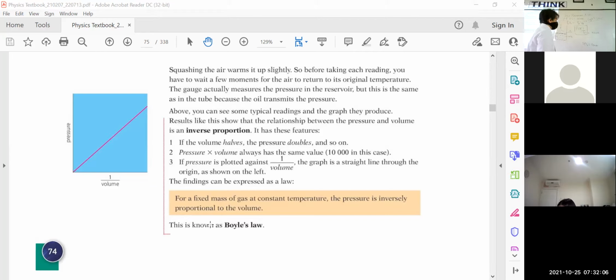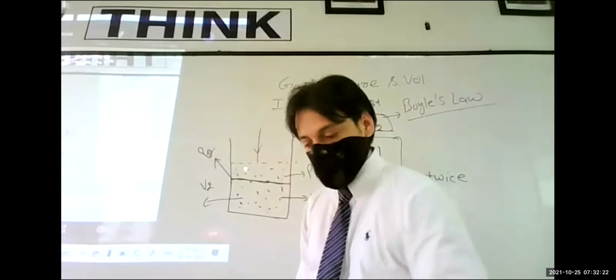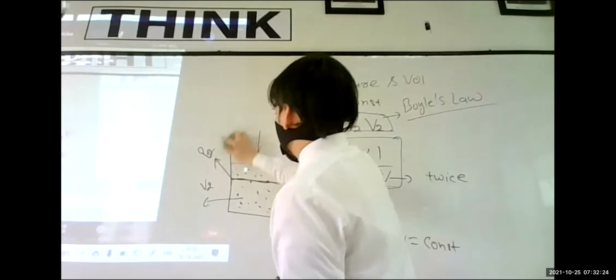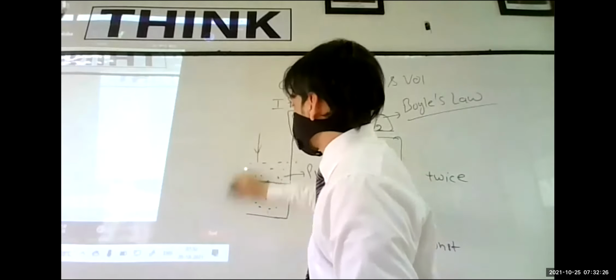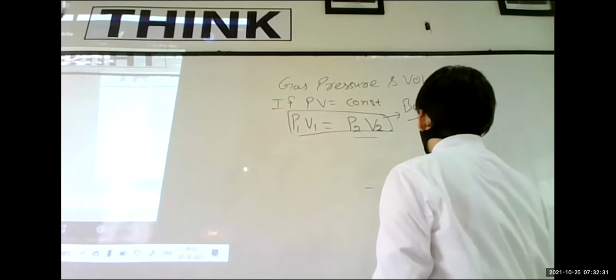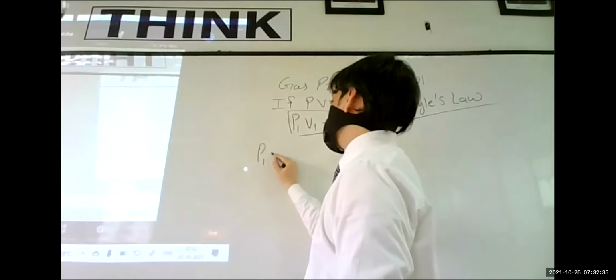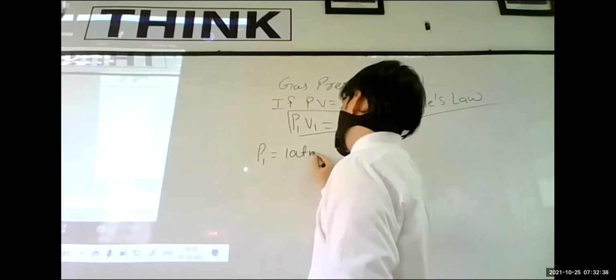Okay. Now, children, let me take one example from this equation. This equation is very, very important. P1 V1 equals P2 V2. I will take some example from the book also, but before that, suppose the initial pressure of a gas is maintained at 1 atmospheric pressure, 1 atm.